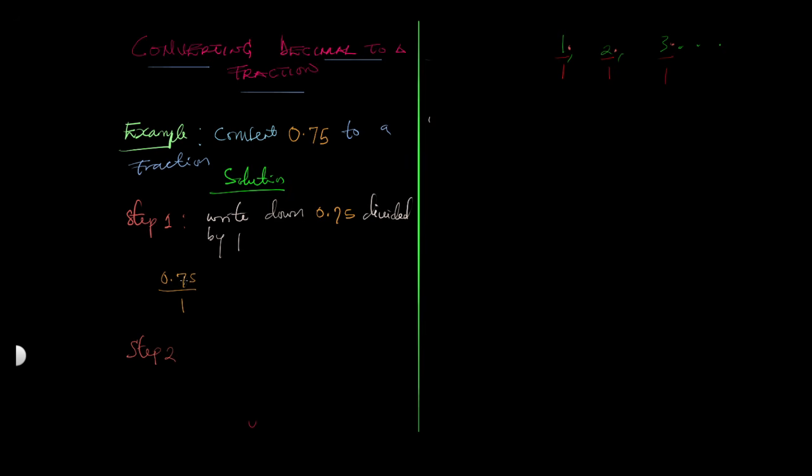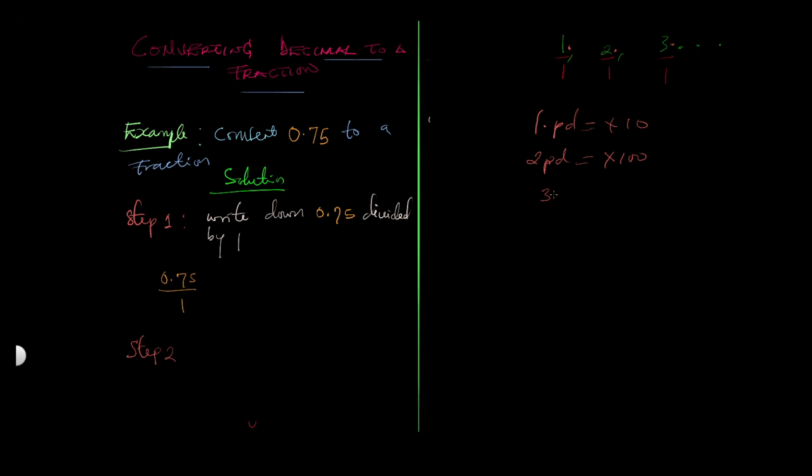Step 2, you look at how many places of decimal this decimal has. This decimal has 2 places of decimal. For one place of decimal, you multiply with 10. For 2 places of decimal, you multiply with 100.